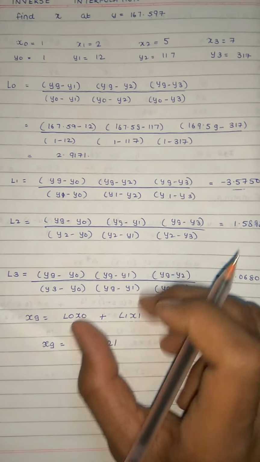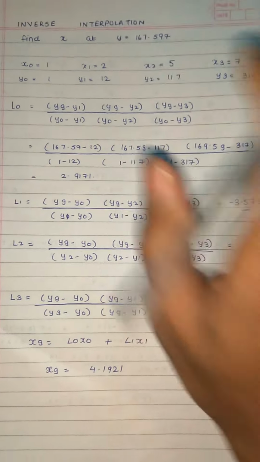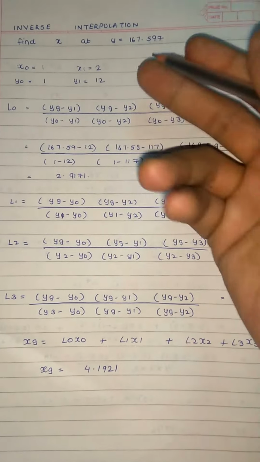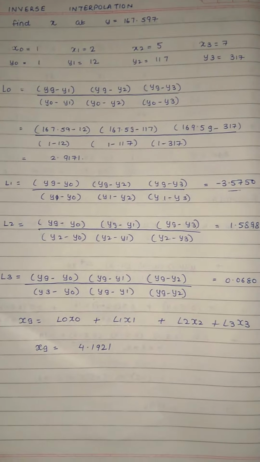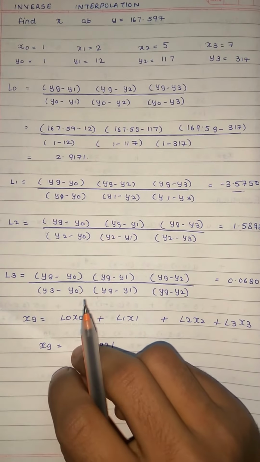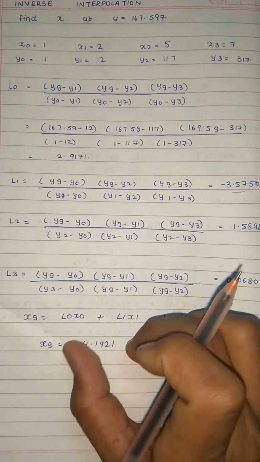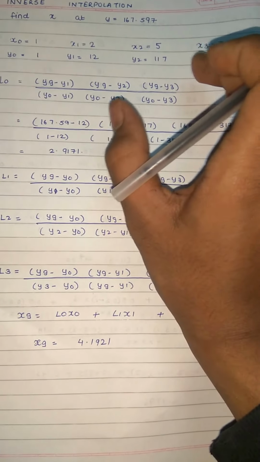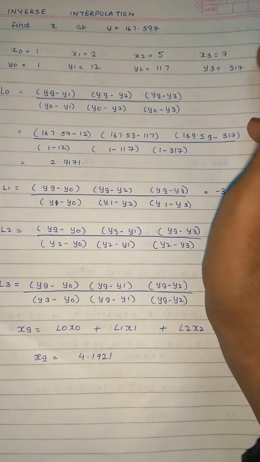Now we have to again calculate xg at 167. Very easy. L0 x0, L1 x1, L2 x2, and you are done with your answer. It will be 4.1921. This is the interpolated value of x when y is equal to 167.